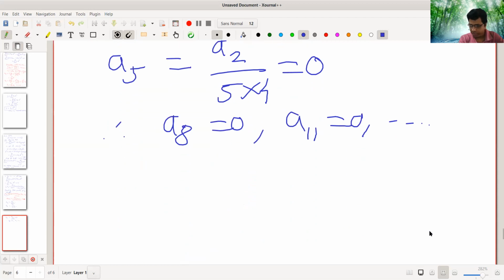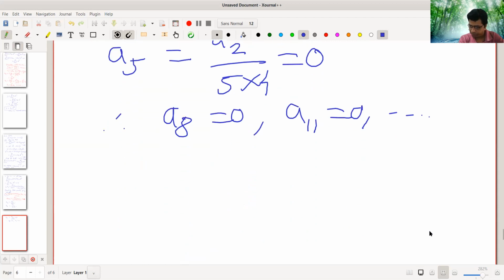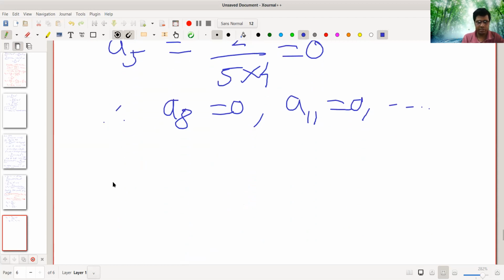Or in general, we can write a_(3k+2). Okay. So when k is 0, it is a2. When k is 1, it is 3 plus 2, that is a5.